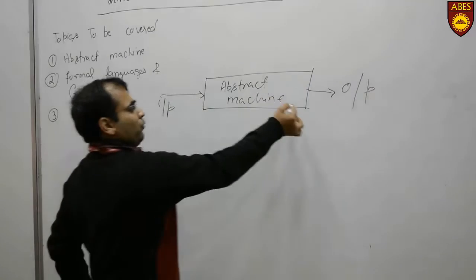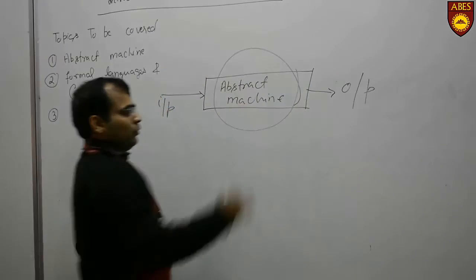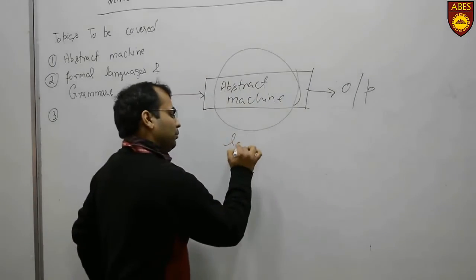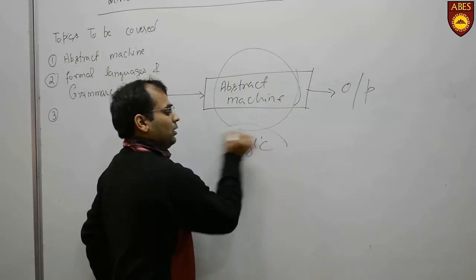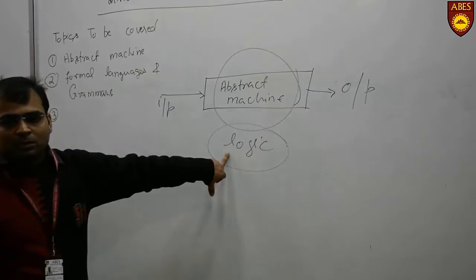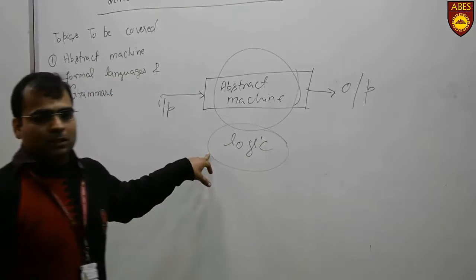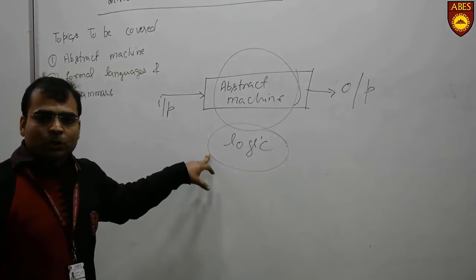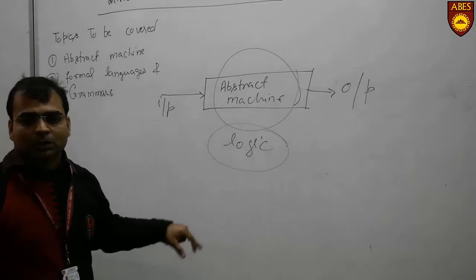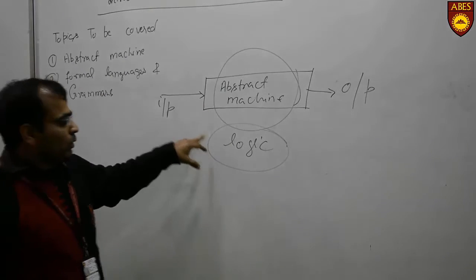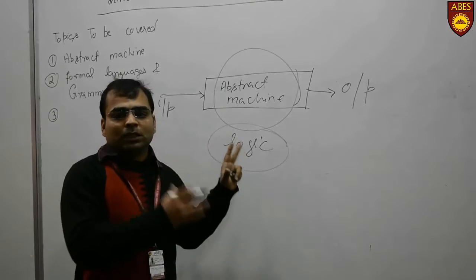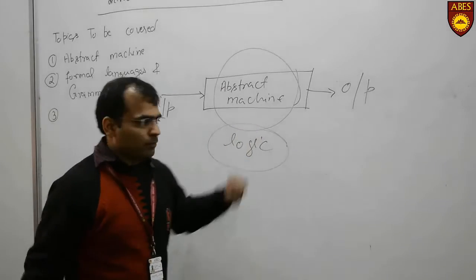Clear? And for this machine, we know how it works. That is its logic. So in the theory of automata, we define that logic in mathematical notation, so that we could program that machine and establish certain logical steps for it.